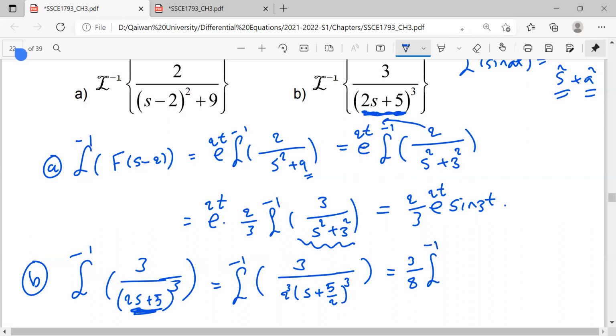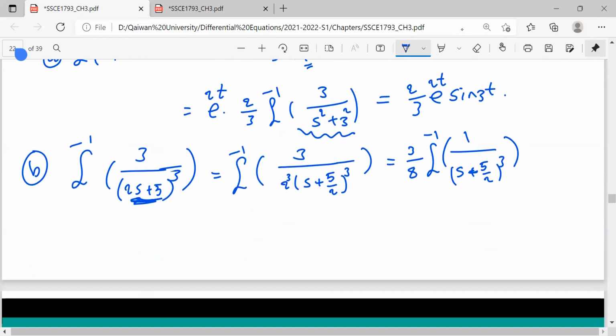Laplace inverse of 1 over s plus 5 over 2 to the power 3. So s minus a. We have f of s minus a equals 1 over s plus 5 over 2 to the power 3. How about f of s? F of s is 1 over s cubed.